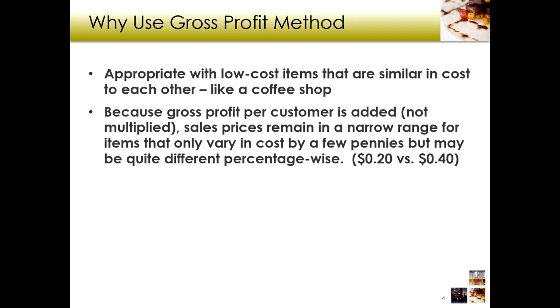If we just add on our needed gross profit for each one of those, we're going to get enough money to pay our labor cost and our rent and all our operating expenses. But we don't have that variation in costs, right? We don't have this muffin costing $4 and this muffin costing $6 based on percentages. So it keeps the prices in a fairly narrow range, okay?